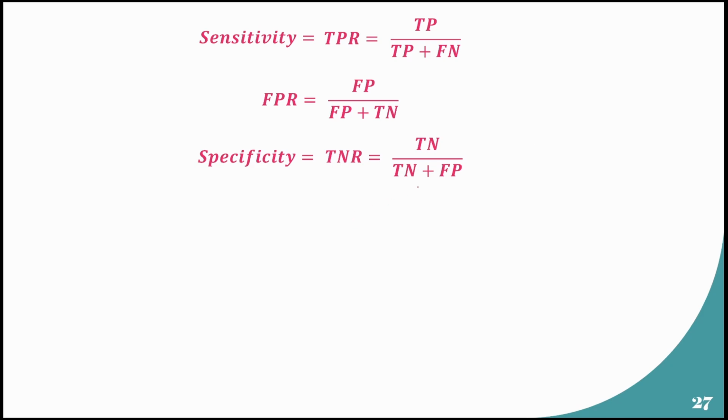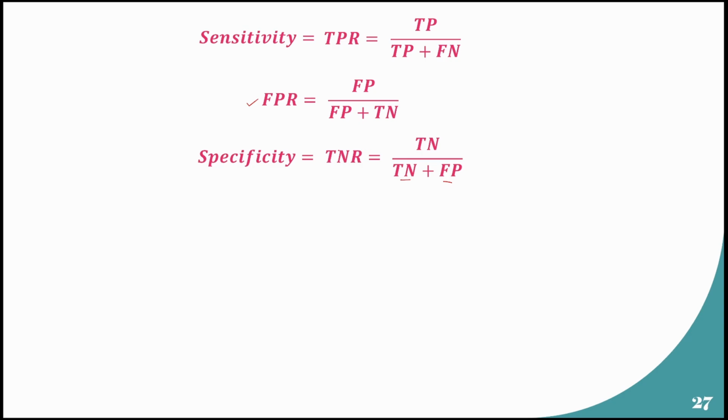So it is basically, out of all of the negatives in your data, how many the model is correctly identifying as negatives. The total negative is true negative plus false positive, similar to what we see for FPR, the total negative, TN plus FP, and then you have the true negative on the top. That will give you the specificity or TNR.